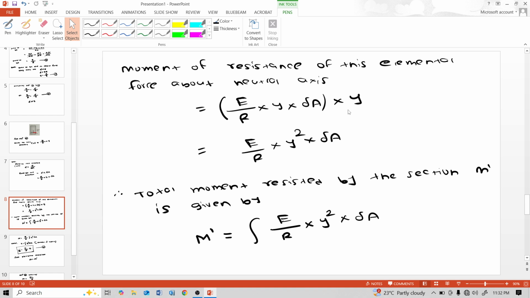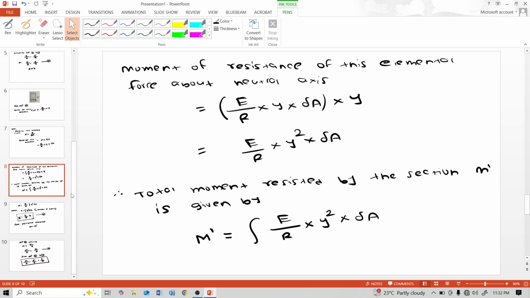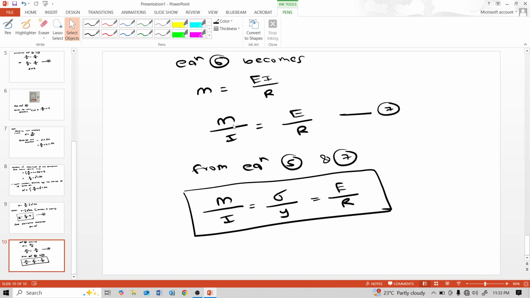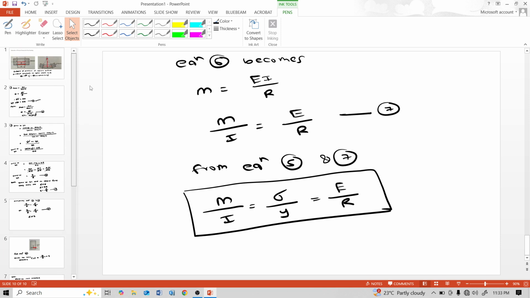Again, moment for whole section, integrate it. And for equilibrium, M is equal to M dash, M is equal to EI upon R. M upon I is equal to sigma upon Y is equal to E upon R is the flexure formula or bending formula.